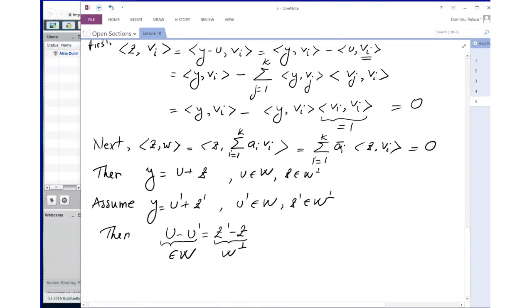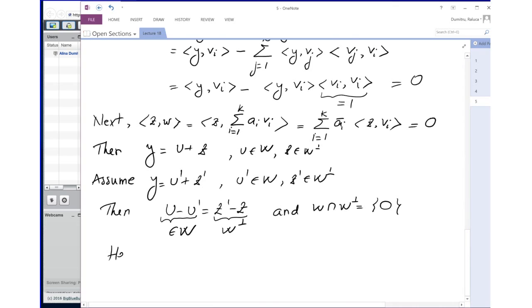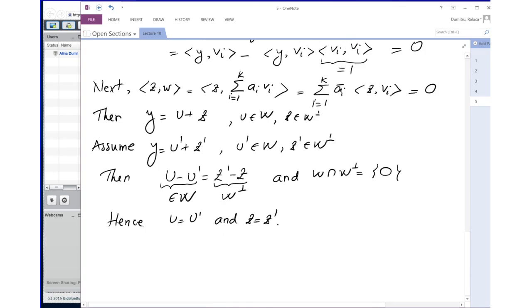So now we have this element, u minus u prime, let's say, that belongs to both W and W perp, and that can only happen if it is 0. Subspace W, so it must contain 0 this time. Hence we have uniqueness.